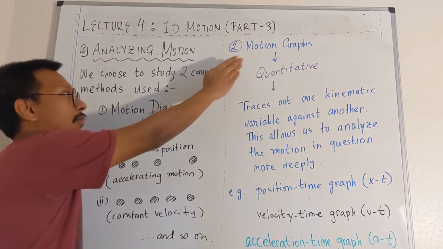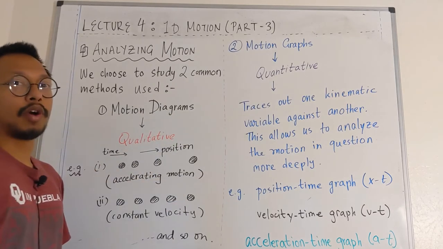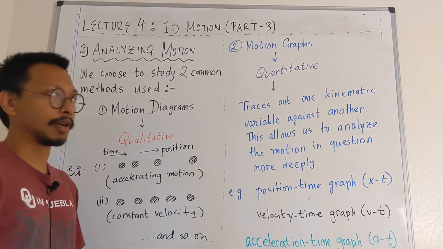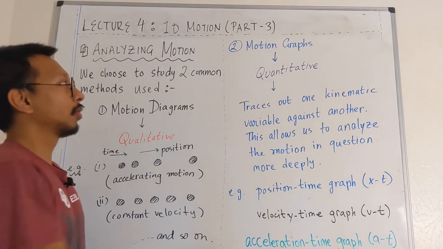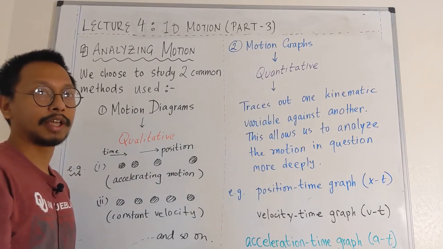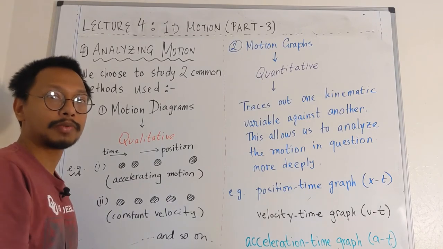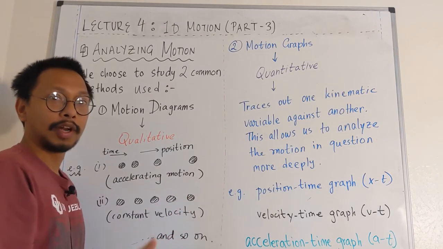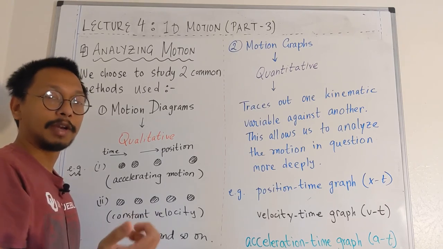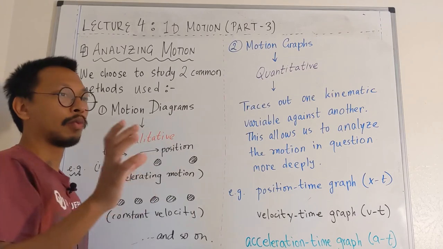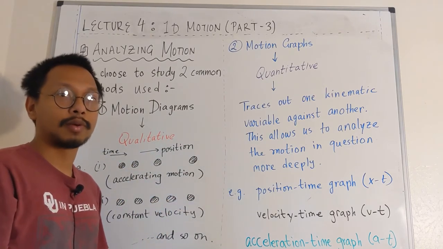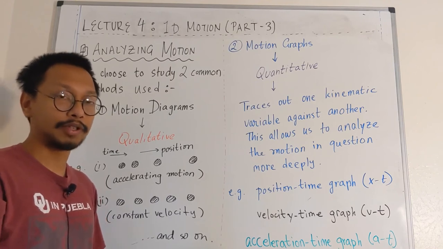But in physics, a more important analysis would be a quantitative one, and motion graphs give us that option. So what does that do? Motion graphs trace out one kinematic variable against another, just like you would do in normal math problems with x and y axes. So on the x axis you have one kinematic variable, which we say is the independent variable, and with respect to that, on the y axis we choose another motion variable, for example, position.